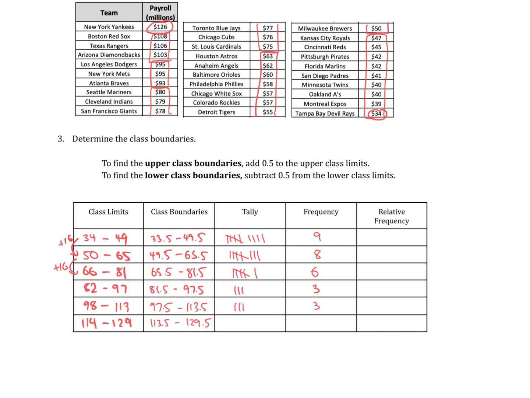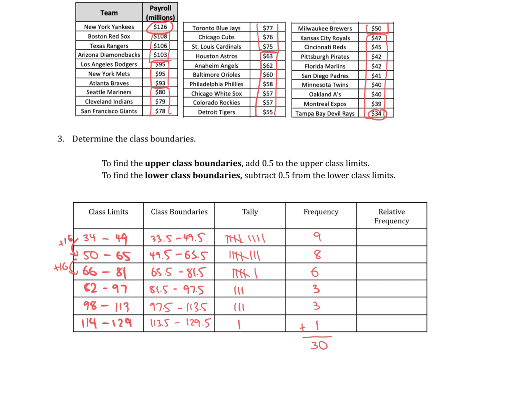And then there's just one, that last one, the New York Yankees, that's in our highest class. The next thing you want to do is total up your frequency column and make sure that it adds up to the number of data values in your data set. So if I add 9 plus 8 plus 6 plus 3 plus 3 plus 1, I do get 30, which is the number of data values in my set.